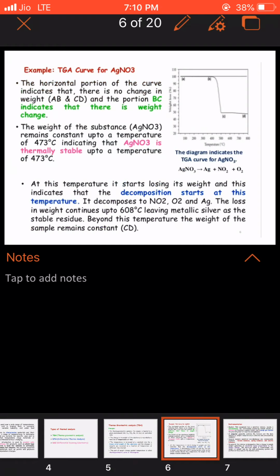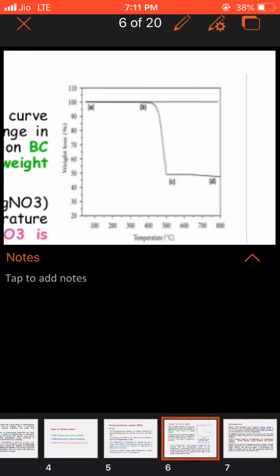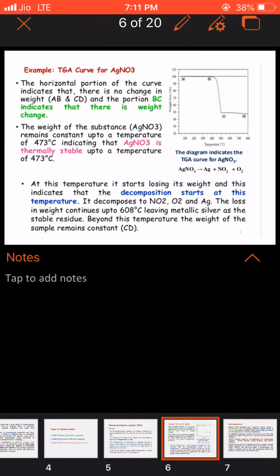So this graph here is a typical thermogram, and this is a TGA curve for silver nitrate, AgNO3. So if you study the graph, the horizontal portion of the curve, A to B, there is no change in weight because it is a horizontal straight line.